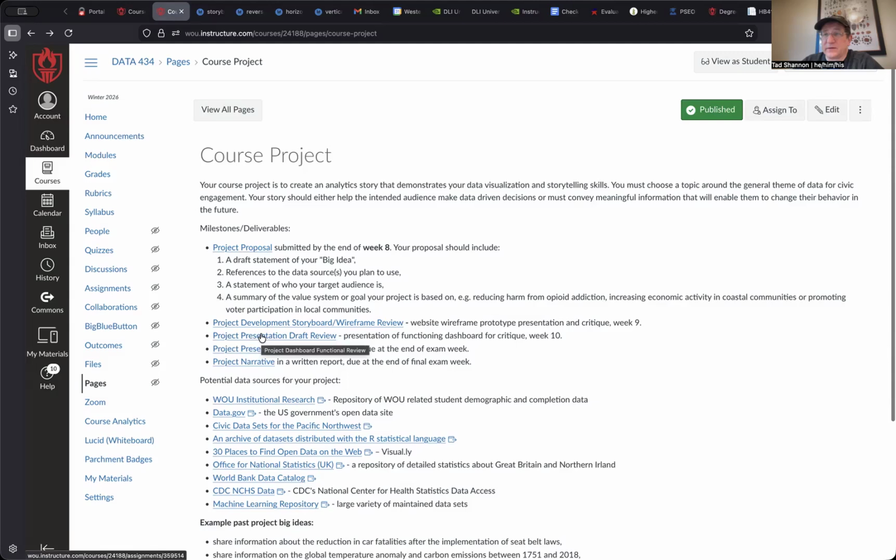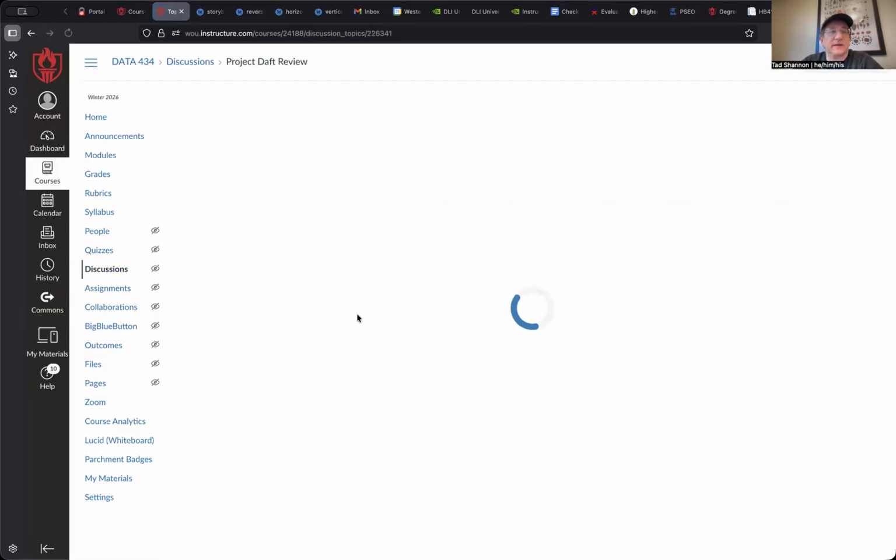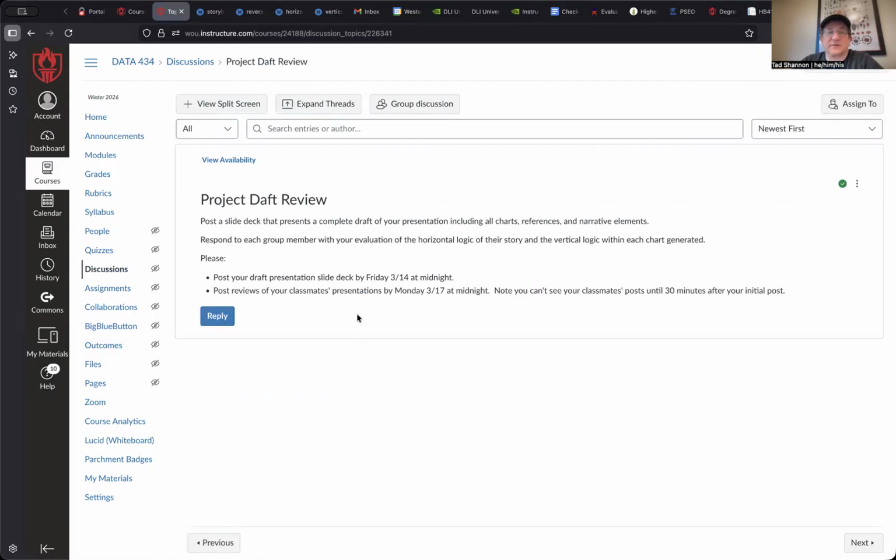Next week, after completing this, you're going to take that storyboard or wireframe presentation, and you're actually going to turn it into a project draft. And so you're going to need all your charts, your reference materials, and the narrative elements that you want to put on. And that's what you're going to present. And so both of these are things you share in your project group, and you're responsible for both sharing your own work and looking over your colleagues' work in your group, and saying something about what you see and what they've done.